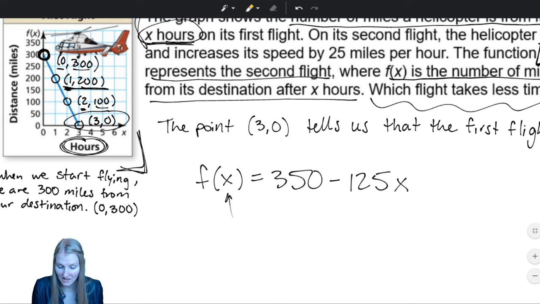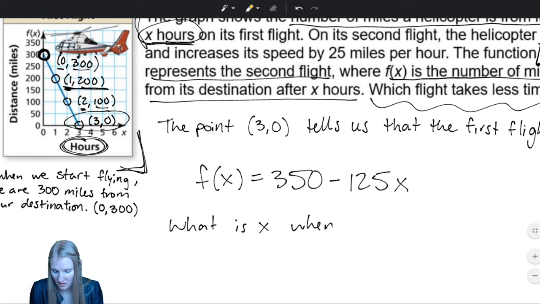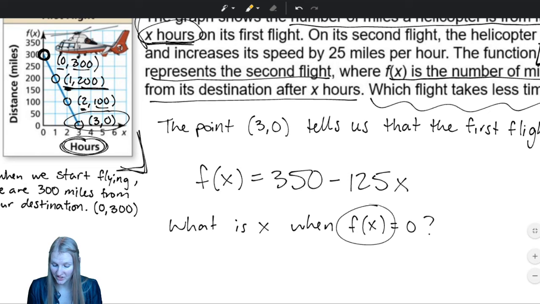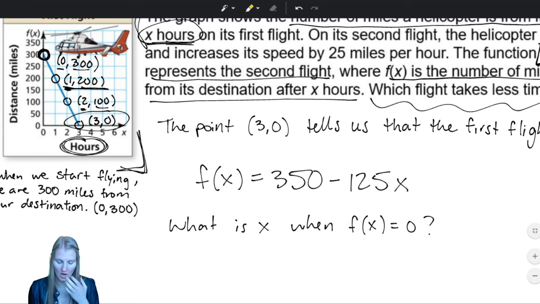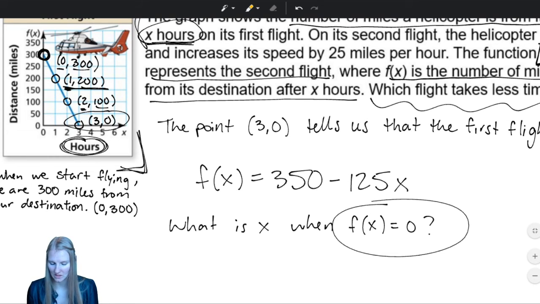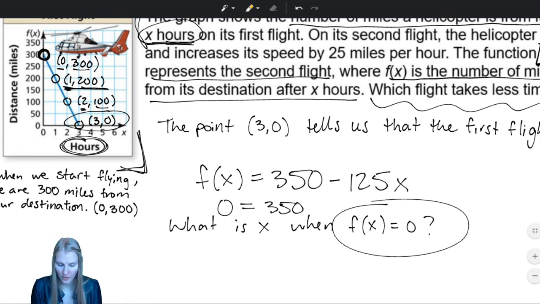So what is x when f of x equals 0? When the distance between the helicopter and my destination is 0, how many hours have I been flying? So we just need to make f of x 0, and then I can solve for x.